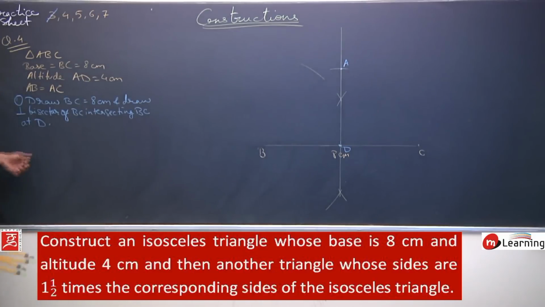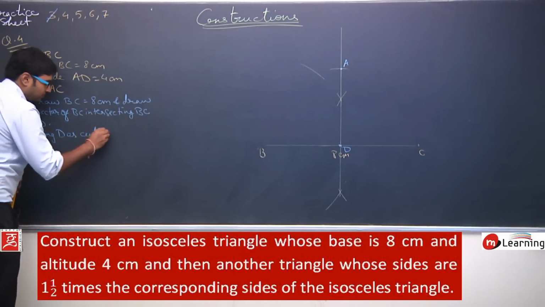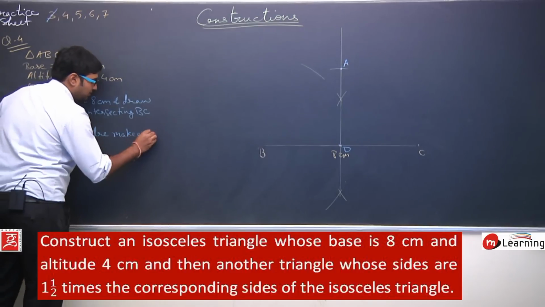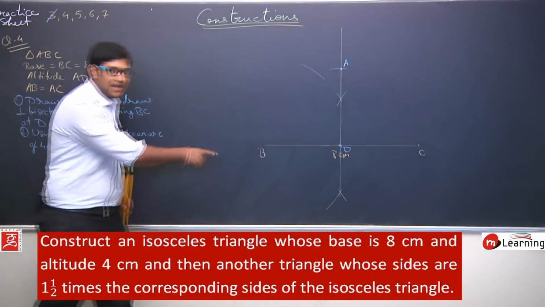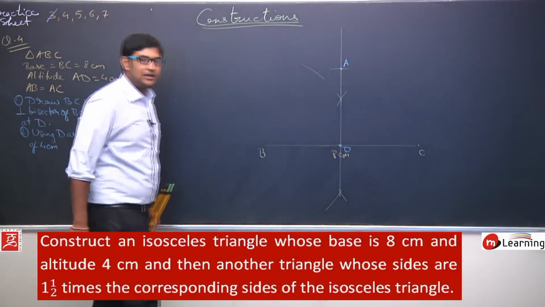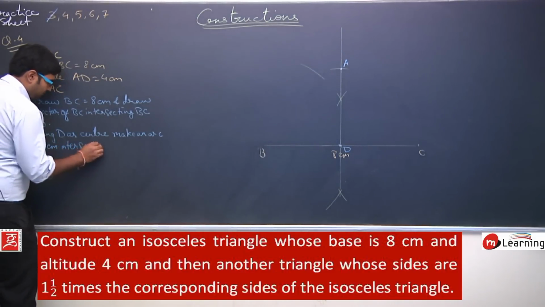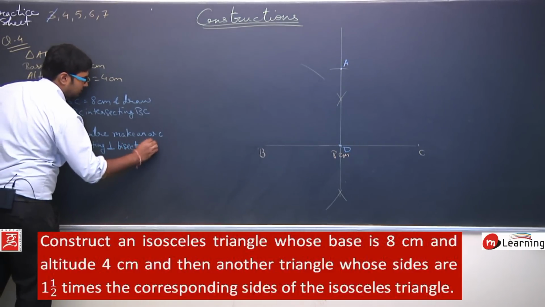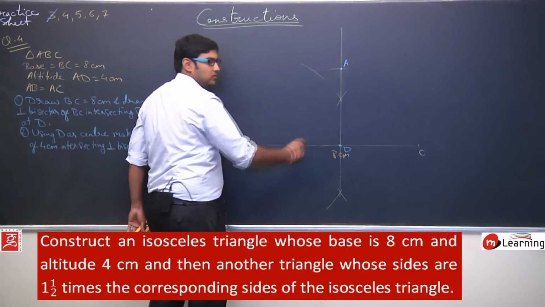Now the second step, using D as center, make an arc of 4 centimeters intersecting the perpendicular bisector at A. So this arc I have made of 4 centimeters.